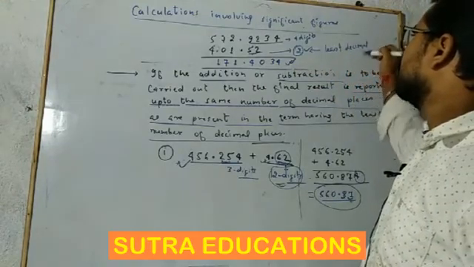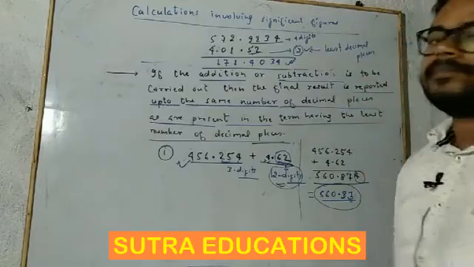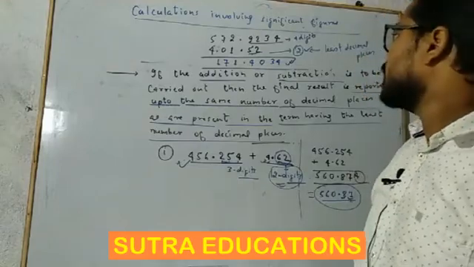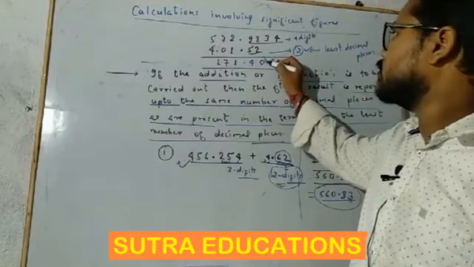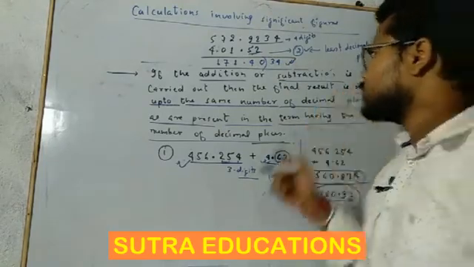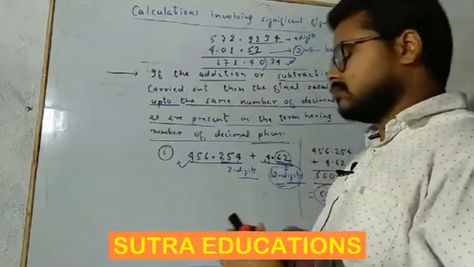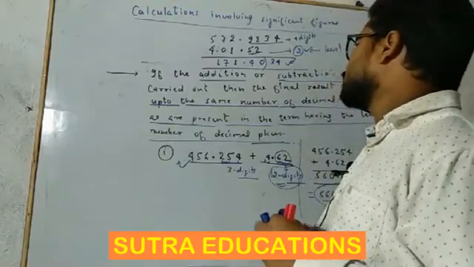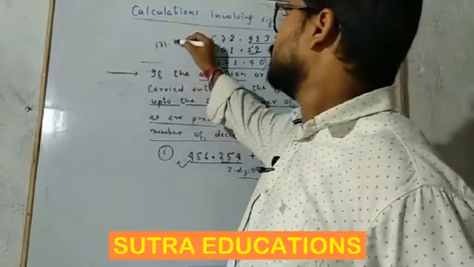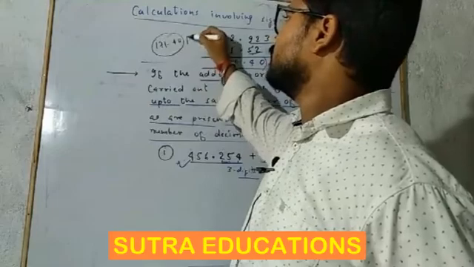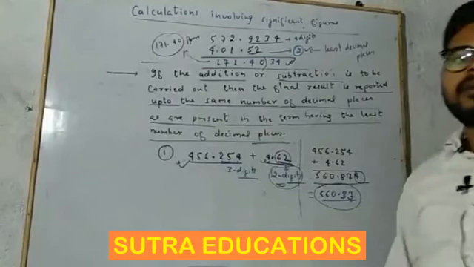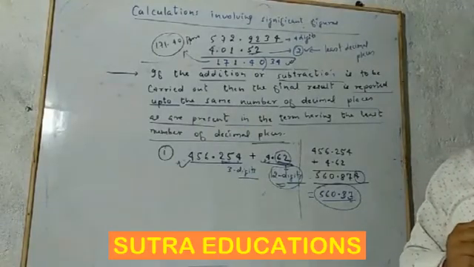So our answer, after the decimal, we will consider only two places. So our answer will be 171.40. This will be our answer, and this is the rule. I hope you have understood.